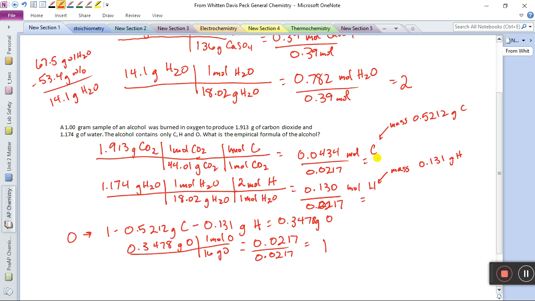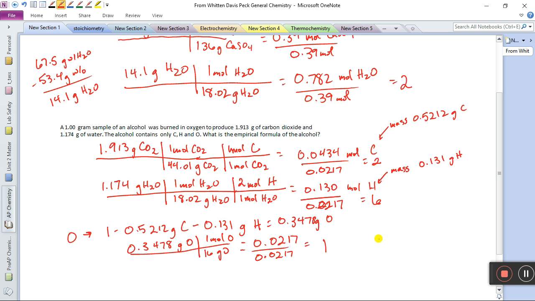Carbon should be 2. Hydrogen will actually have to divide. How close to exactly 6 is it? 5.99. Then we're good, yeah.